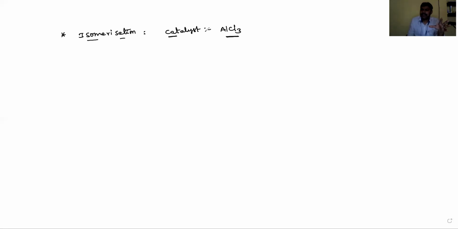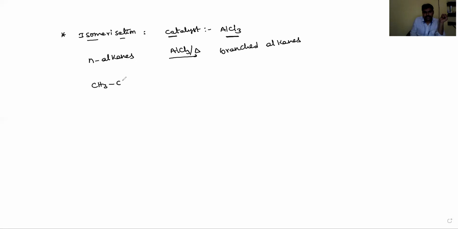Higher alkanes, N-alkanes are converted into branched alkanes in the presence of AlCl3. For example, take N-butane. N-butane on isomerization in the presence of AlCl3 forms isobutane.